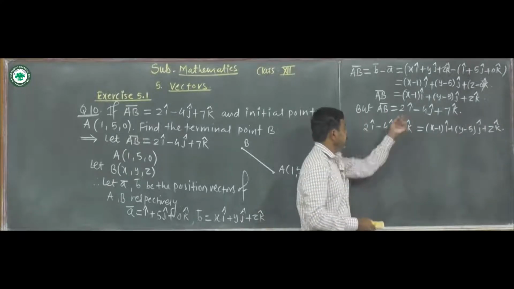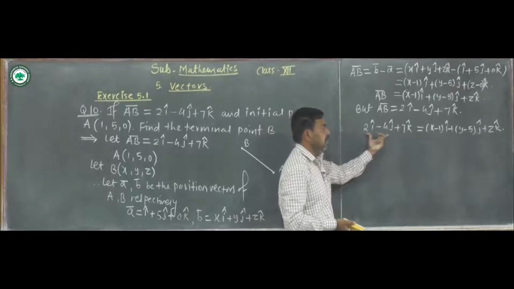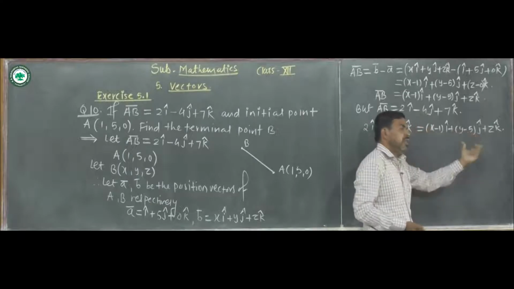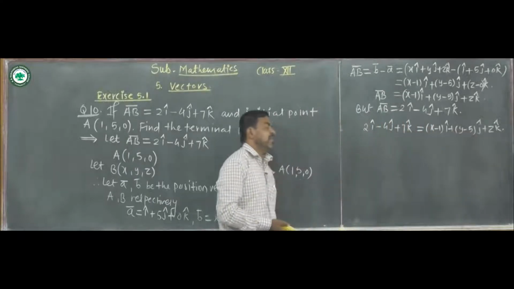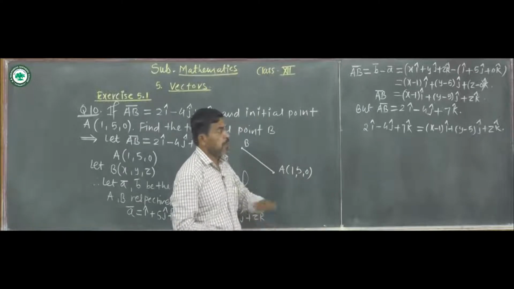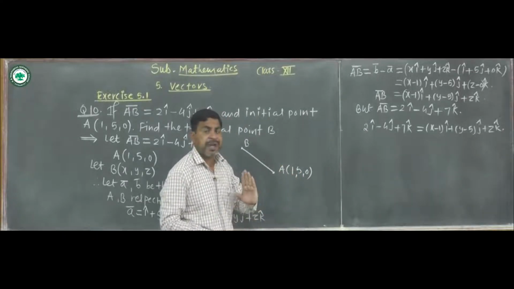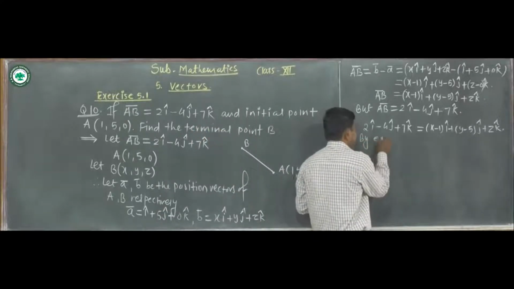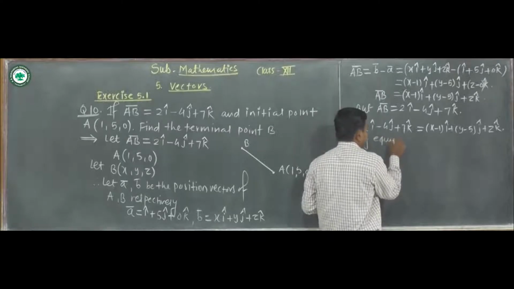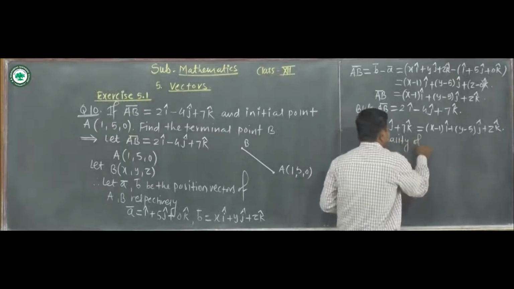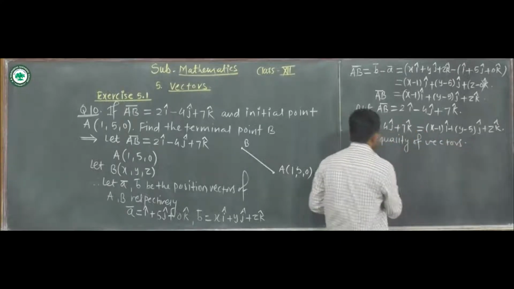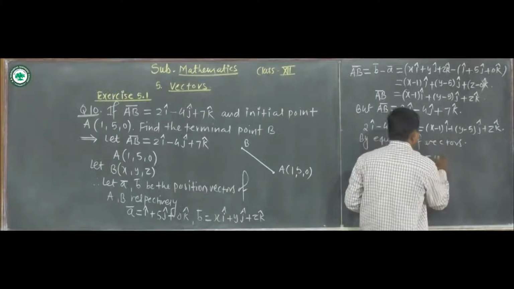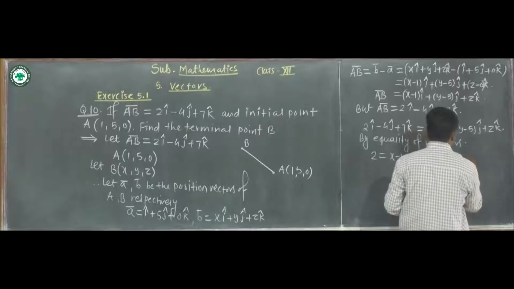Now see here, on the left hand side there is a vector in the form of ijk, on the right hand side also there is a vector in the form of ijk, and these two vectors are equal. It means that their corresponding components of i cap, j cap and k cap are equal. By equality of vectors, 2 is equal to x minus 1, minus 4 is equal to y minus 5, and 7 is equal to z.